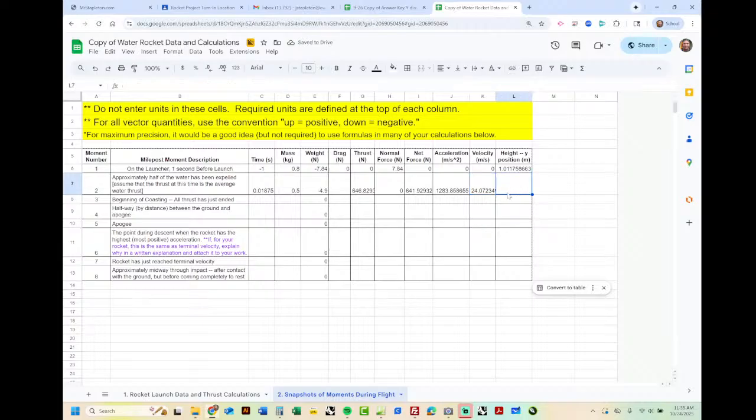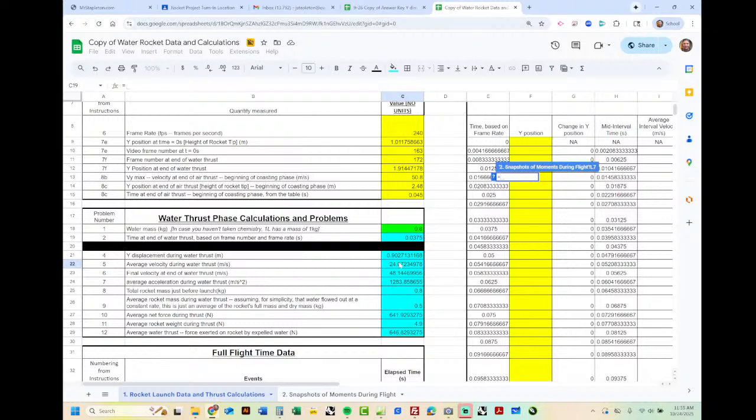And the height halfway through water thrust. I guess this is a tricky one. So the height at the end of water thrust was 1.9, and the height at the beginning of water thrust was this.